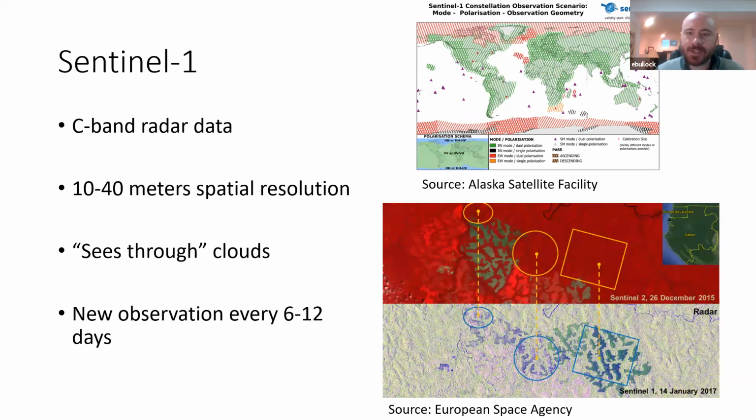Basically what this figure is showing is that there are different modes of acquiring data based off of the application for that data. Over most land surfaces, it's the same. We'll capture data with dual polarization and at 10-meter spatial resolution.